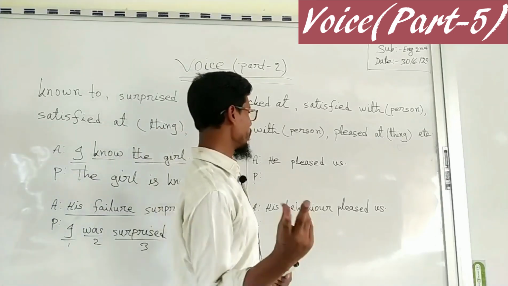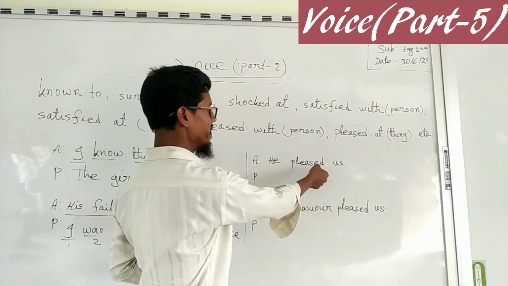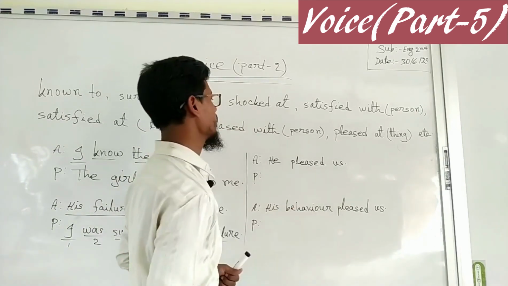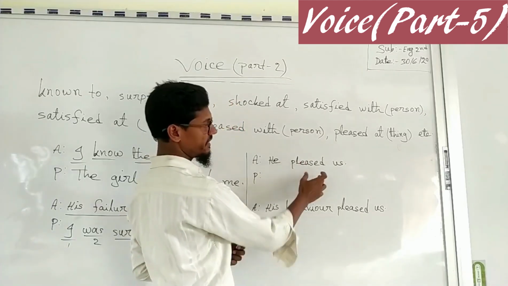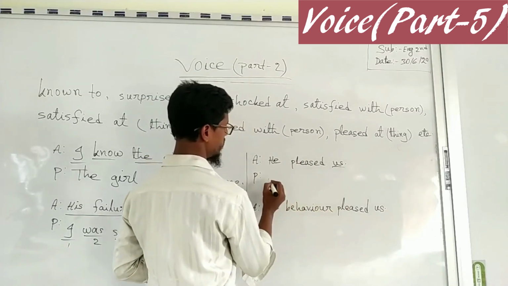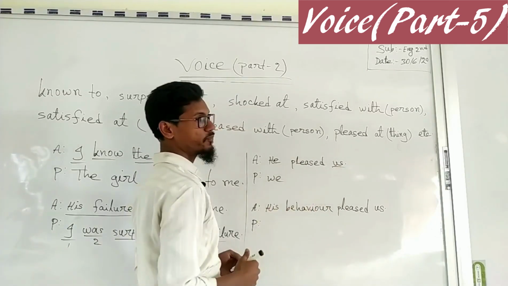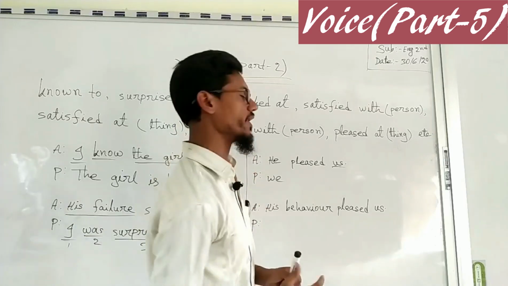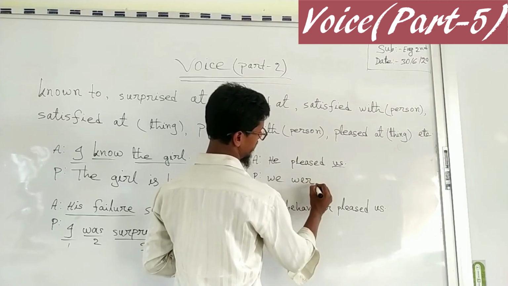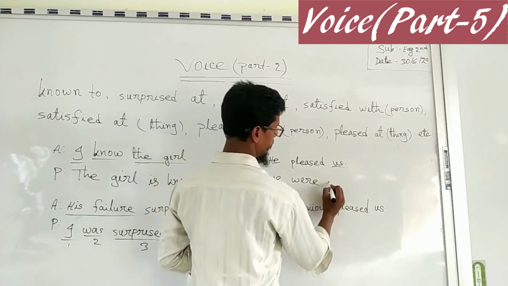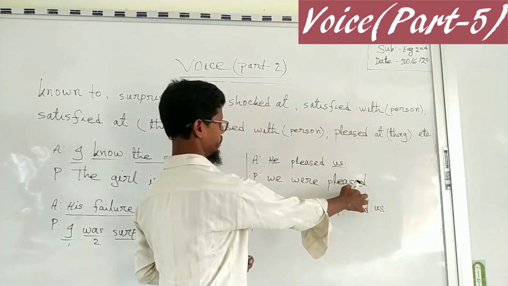That's okay. Now go to the next sentence. He pleased us. Pleased is the past form of the main verb please, so it is past indefinite tense. Us will be the subject, we. Past indefinite tense, that's why I have to take the auxiliary verb was or were. We is plural, that's why I have to take were. PP of the main verb: pleased.